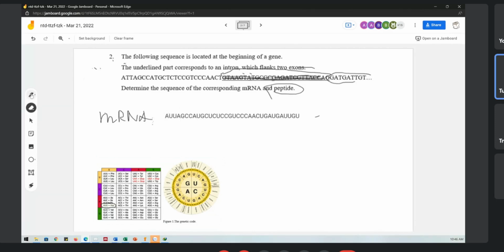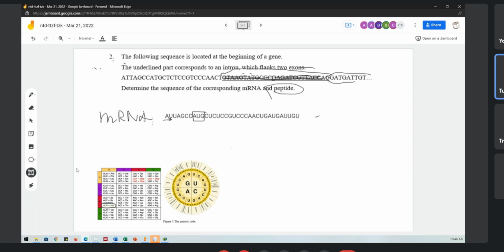So what you have to do is keep searching from this direction until you meet AUG, and here you have AUG. Okay, and that's the point where the translation begins.